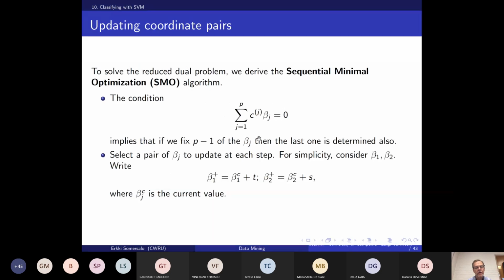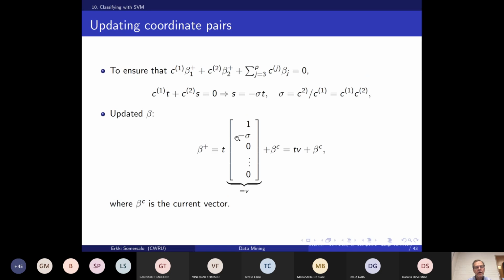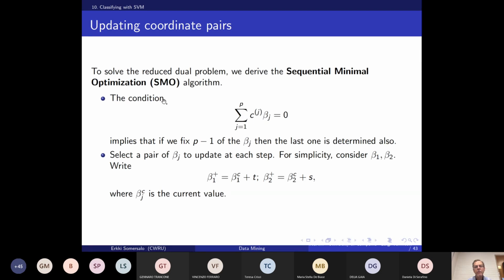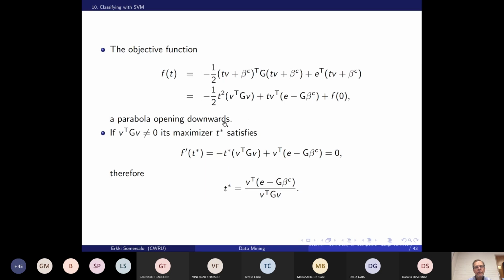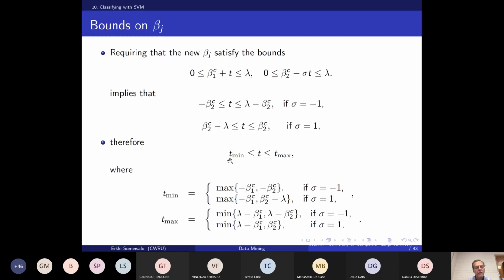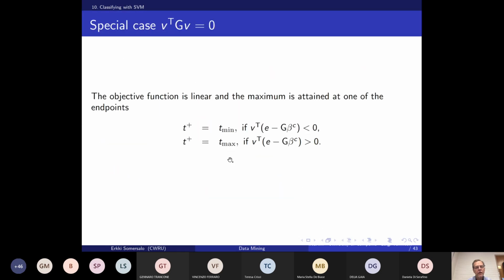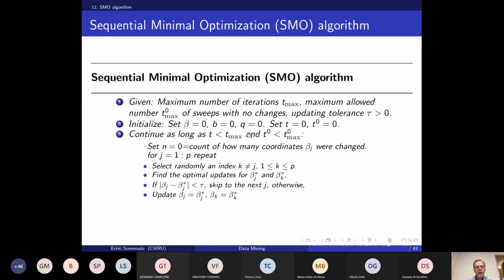So let's go and see how this beta was optimized. Here is the sequential minimal optimization algorithm. In this algorithm, this is a very simple optimization algorithm, and if you have this matrix G, which is defined through inner products, then you can easily implement the sequential minimal optimization algorithm.